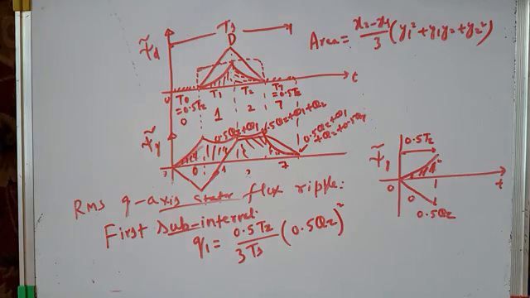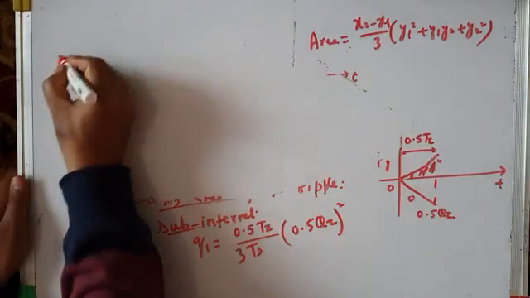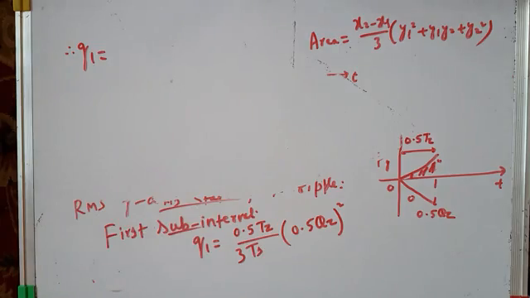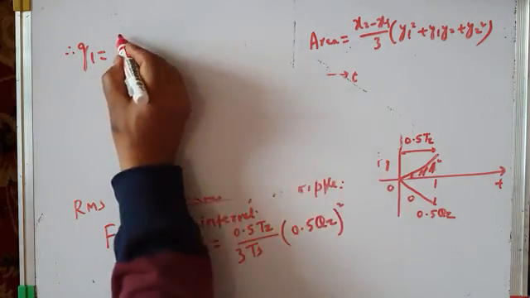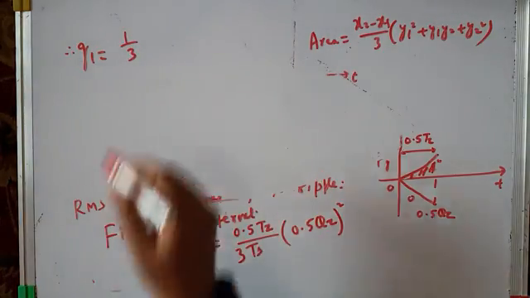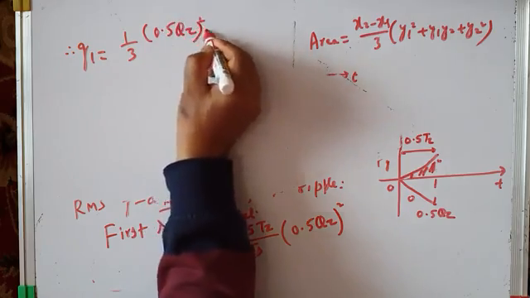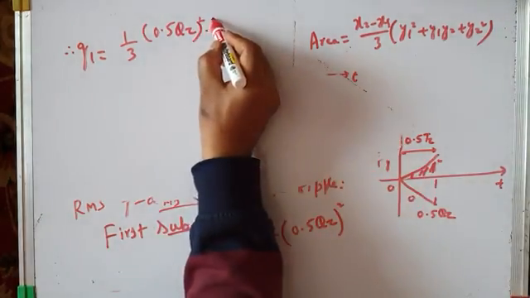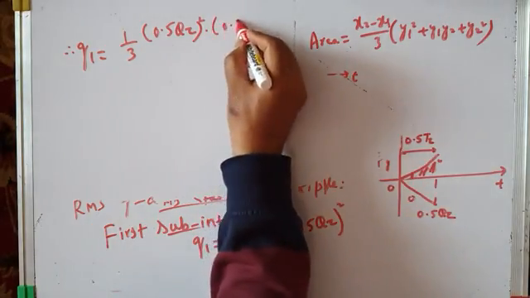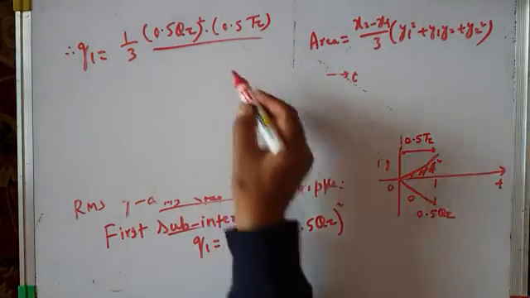Therefore, Q1 is equal to 1 by 3 into 0.5 qz whole square into 0.5 tz by ts.